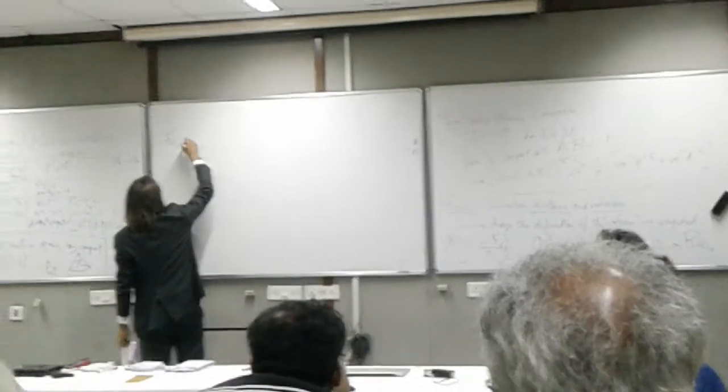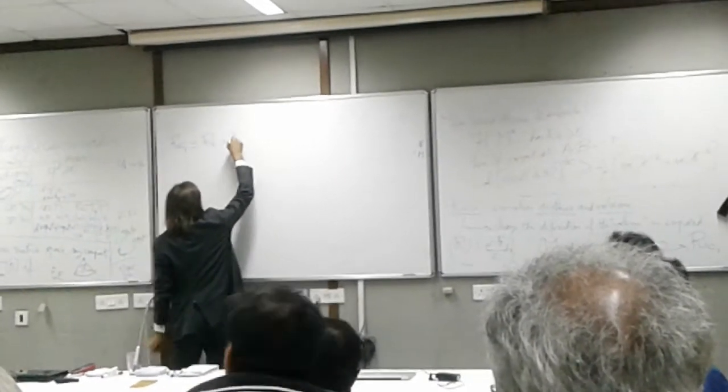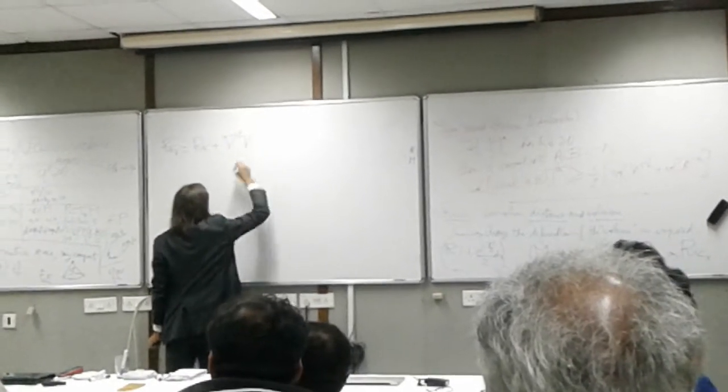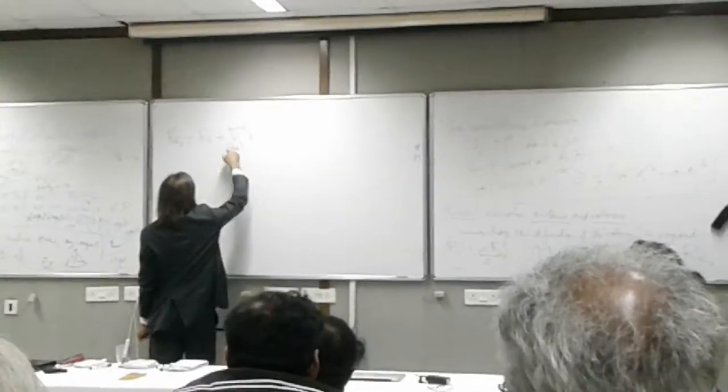Ricci_V is the classical Ricci plus Hessian of V. This is my notation for Hessian.